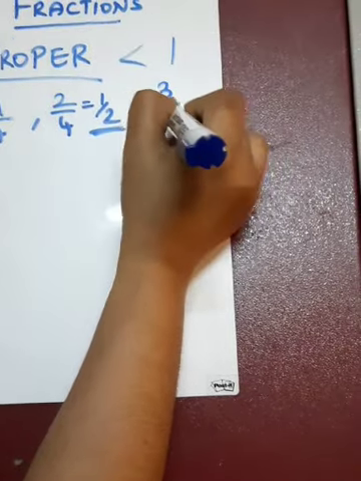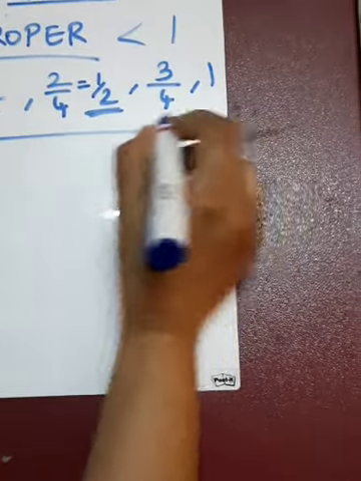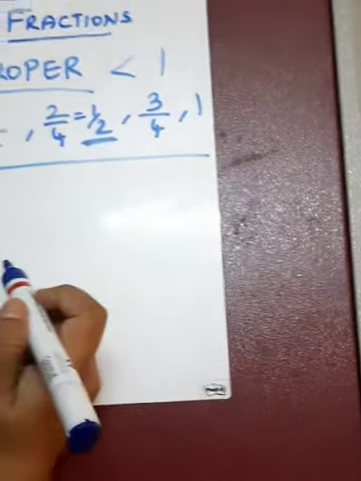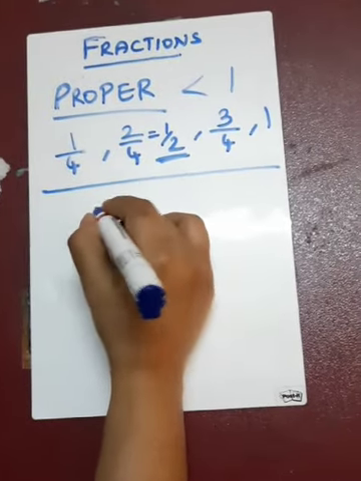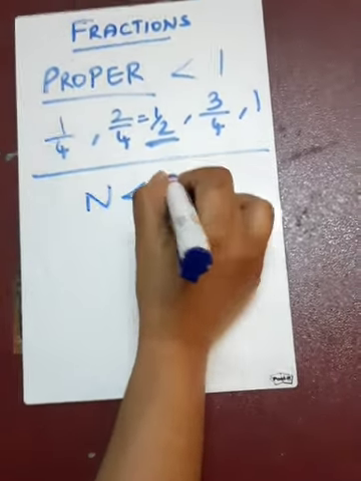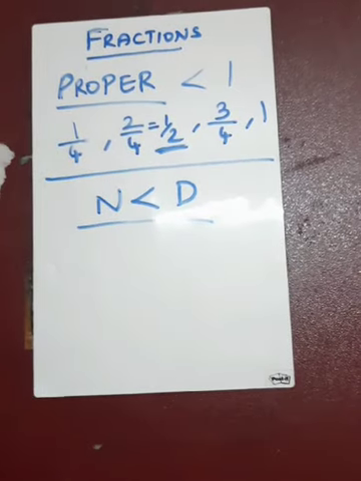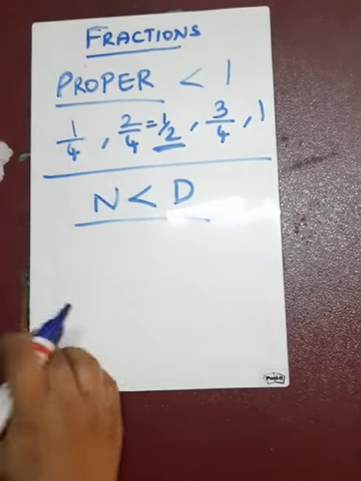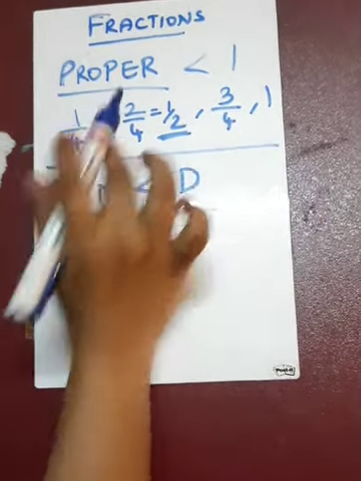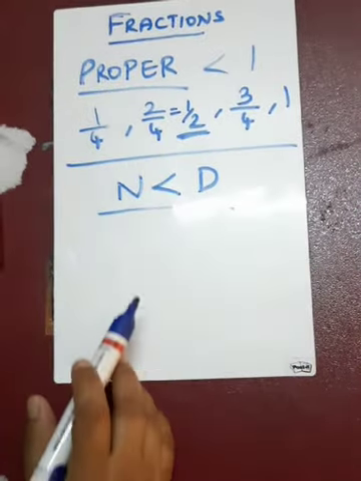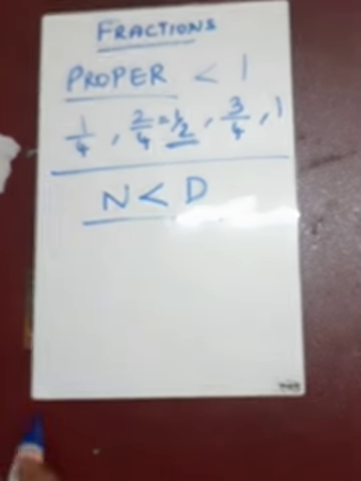Then 3 by 4. Then 1. All these things were either equal to 1 or less than 1. So a proper fraction is nothing but one where the numerator must be less than the denominator. Such fractions are always less than 1. It is called a proper fraction.